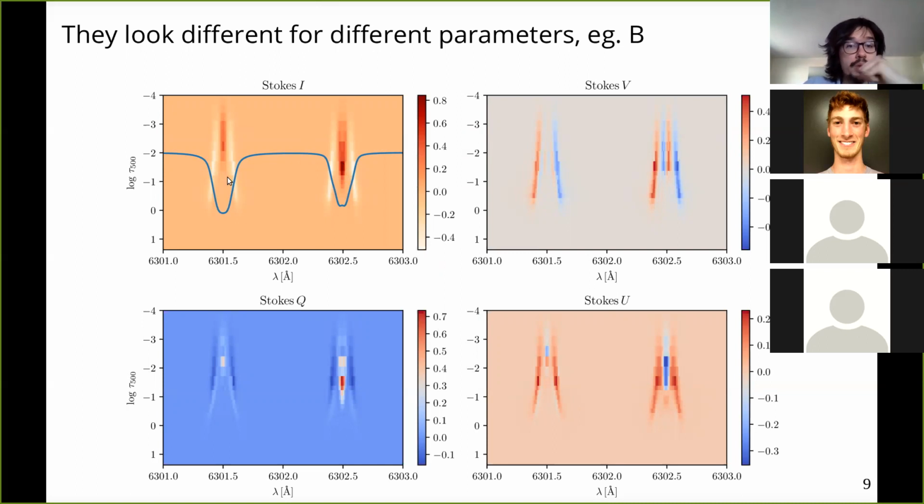But it will also tell us which wavelengths are sensitive to which depths in the magnetic field. So again, if I change the magnetic field around log tau equals minus 0.5 or -1, my wings are going to change, right? But if I change it at log tau -3, my core and, let's say, inner wings are going to change, right?